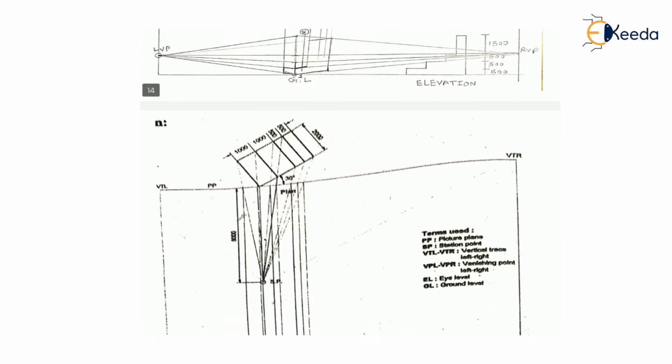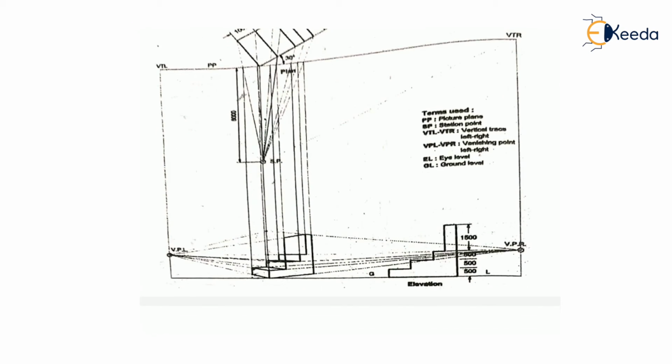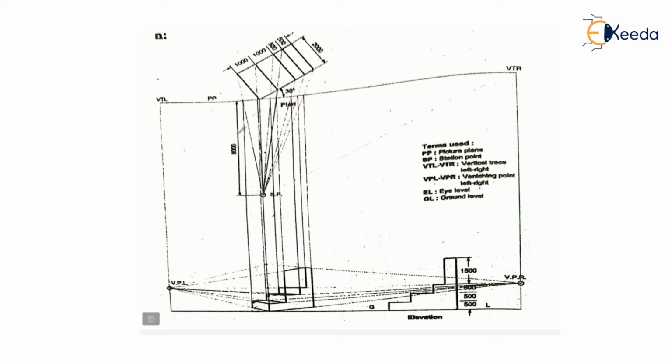Likewise, this is my final perspective drawing of the particular problem which is given to you. In the whole problem, the plan is given, which we incline with the picture plane at 30 degrees.